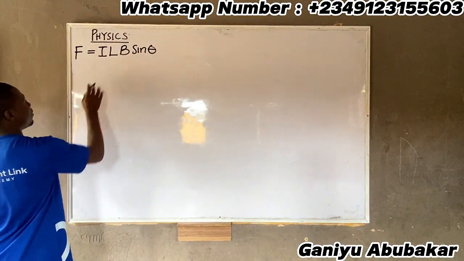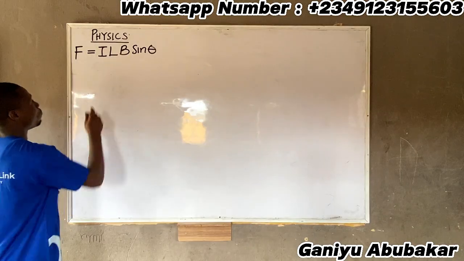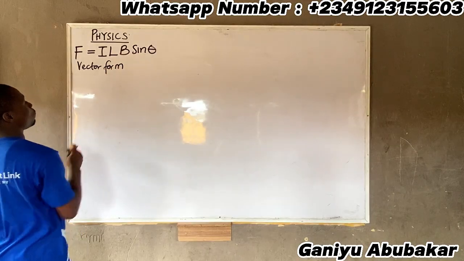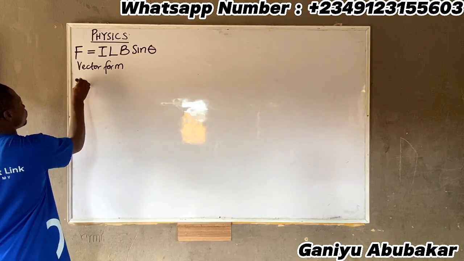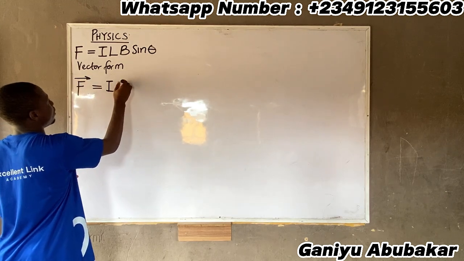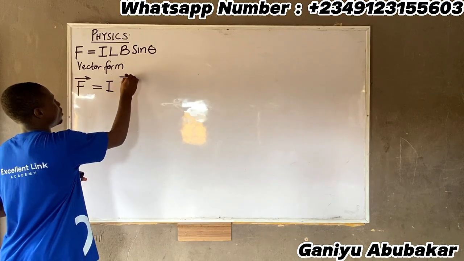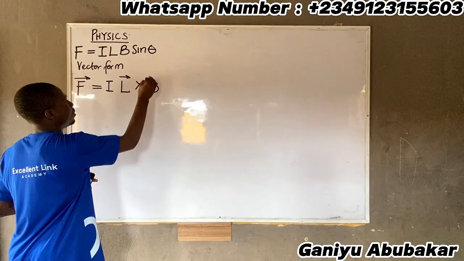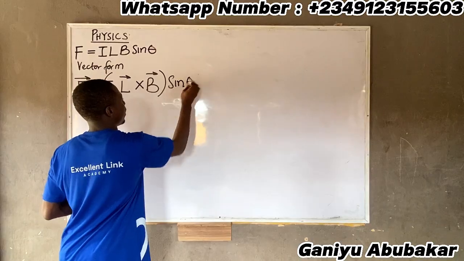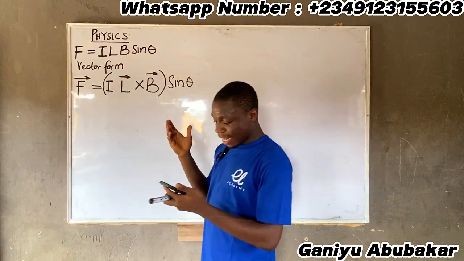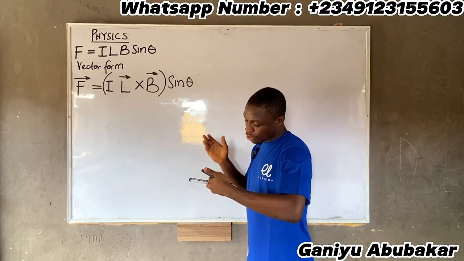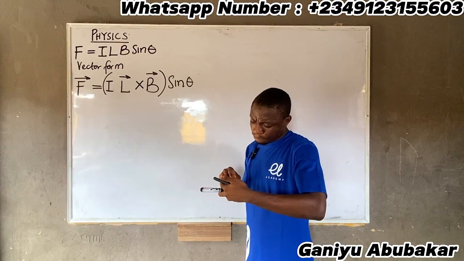The vector form for this first formula is given as F equals I L cross product B. Of course, if I want to, I can attach sine theta here. So we established this as the vectorial form of writing the first formula shown on the board.